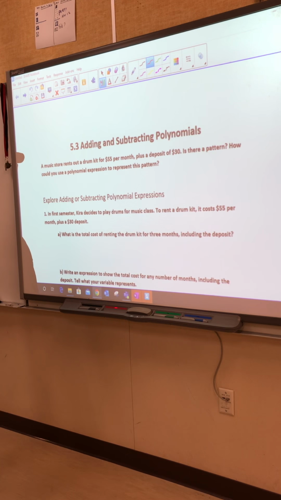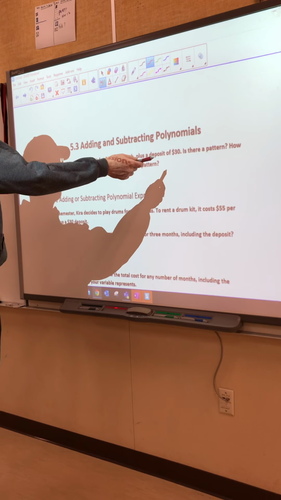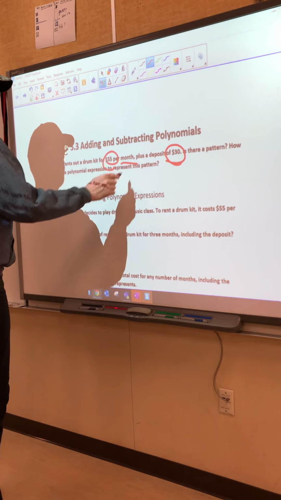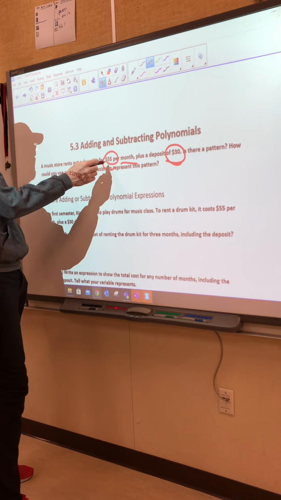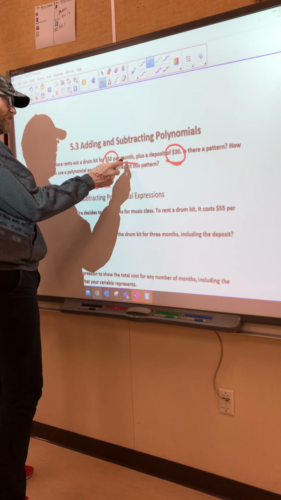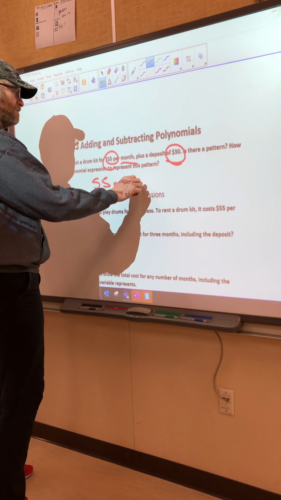A music store rents out a drum kit for $55 a month, plus a deposit of $30. So 55 could be m per month, plus a deposit of 30.